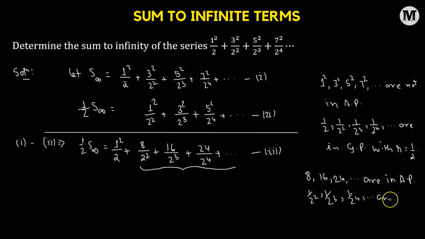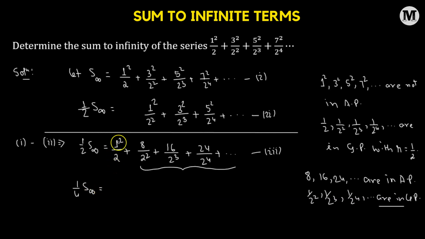So these terms are going to be in geometric progression with a common ratio equals to 1/2. Now, since this series is composed of an arithmetic progression and a geometric progression, we can say that it is an arithmetico-geometric series. Now in the next step, we're going to multiply 3 with the common ratio of this geometric progression, which is 1 over 2. So that's going to give us 1 over 4 sum up to infinity.